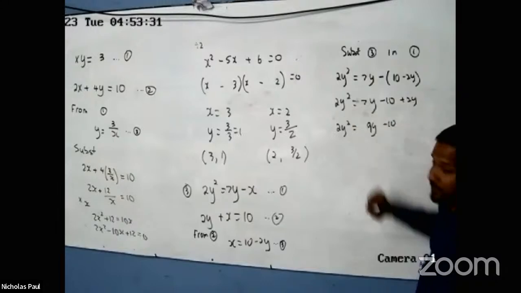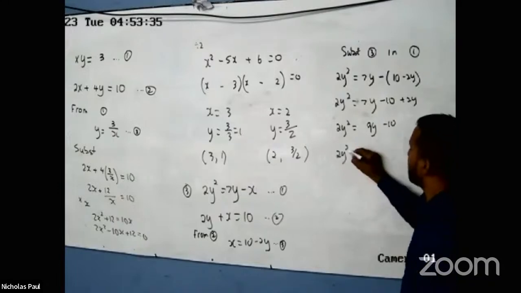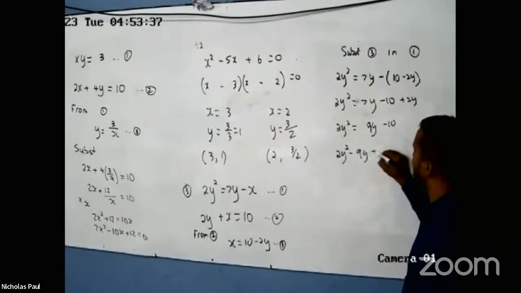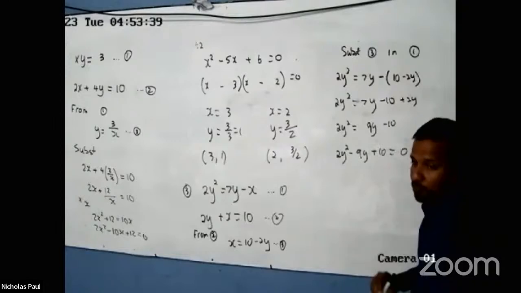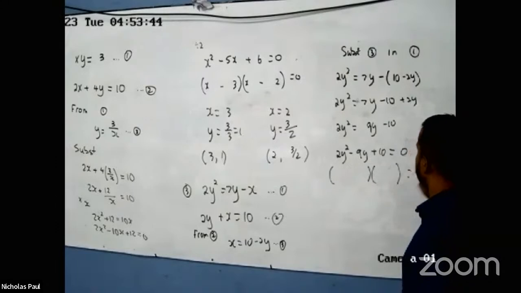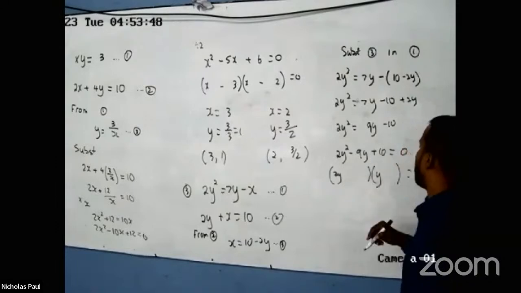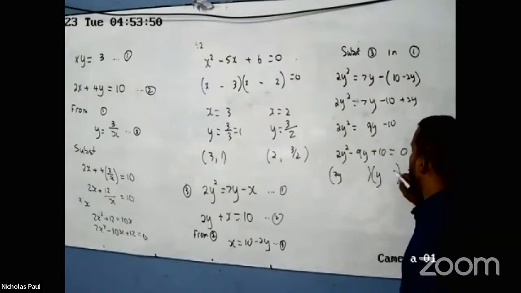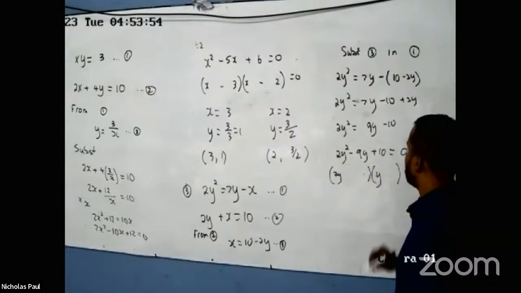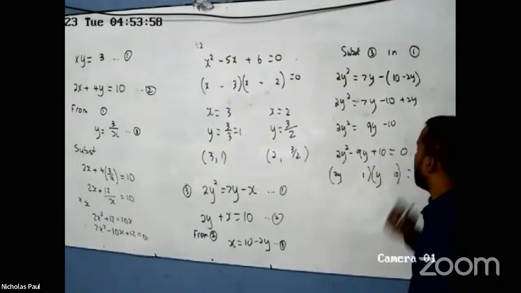Bring everything on that side, because the right hand side should always equal 0, right? So that's 2y squared minus 9y plus 10 is 0. Right? We have a little factorizing to do, or we can probably solve it. We have 2y, we have y. We can probably use 10 here and 1 here. Because only get 9.